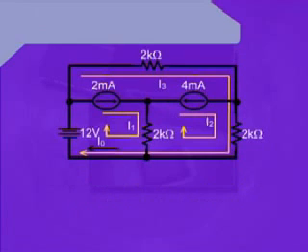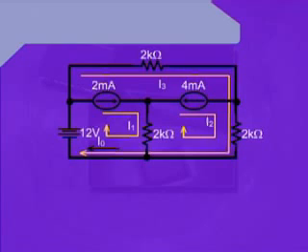Taking mesh number 1 and assuming that the current I1 is flowing through it, we can clearly see that there exists an independent current source connected into this mesh. Hence, we can assume that the same amount of current will be flowing throughout the mesh.